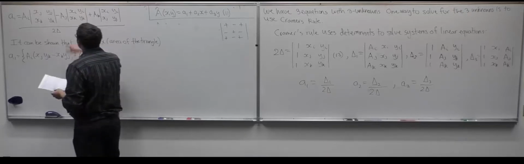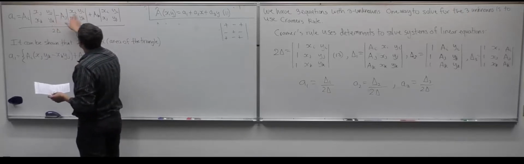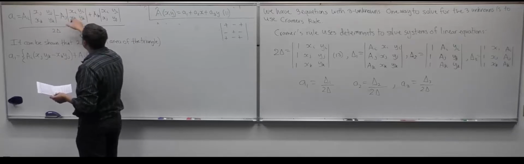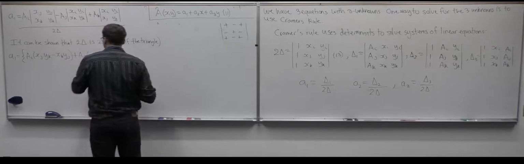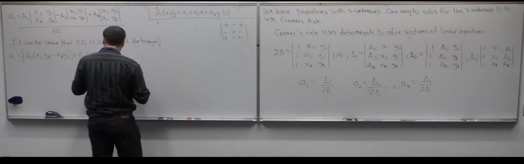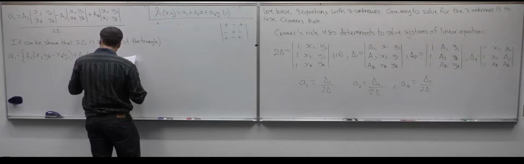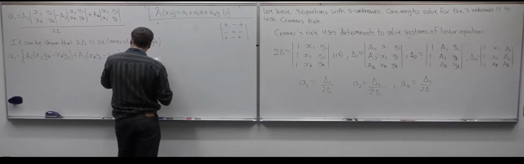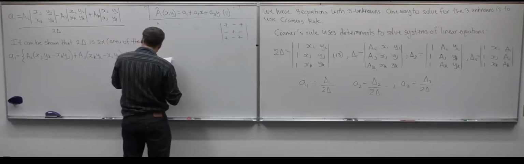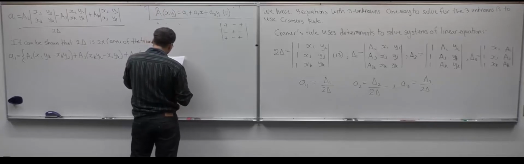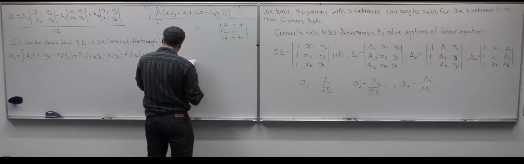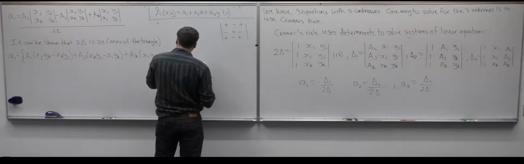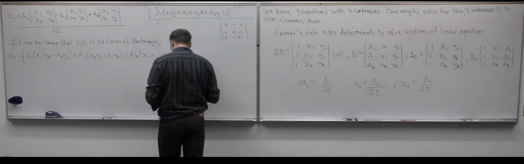Now here it's a minus here, and if x_i y_k minus y_i x_k, those two minuses cancel and you get a plus. So I'm rearranging it. We have x_k y_i minus x_i y_k, plus a_k times x_i y_j minus x_j y_i, like that. And that's all times 1 over 2 delta.